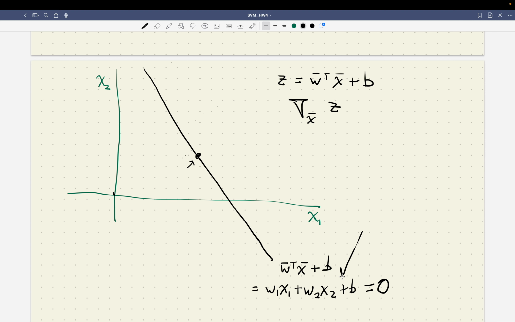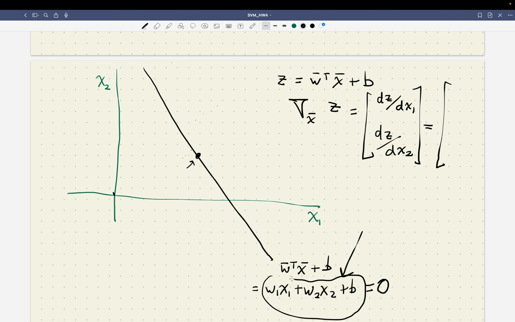Here is the expression for the plane. So this will be dz/dx1, dz/dx2. And what will that be? Here's what z is down here.